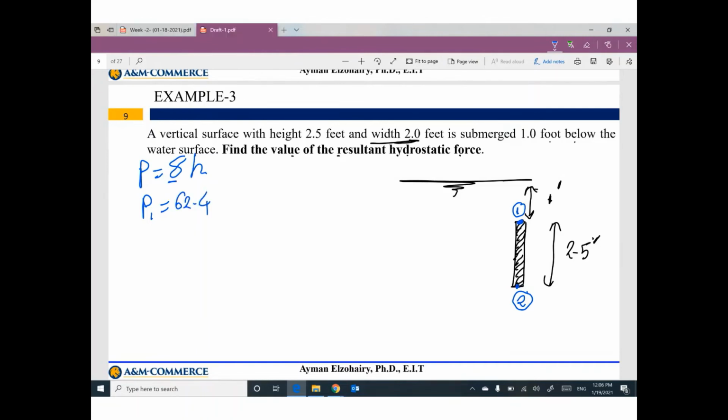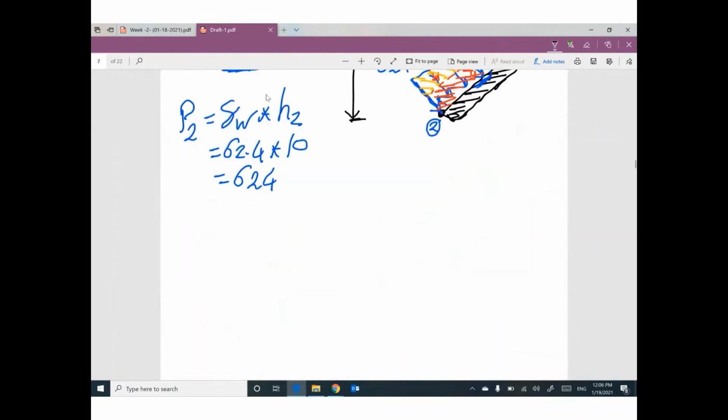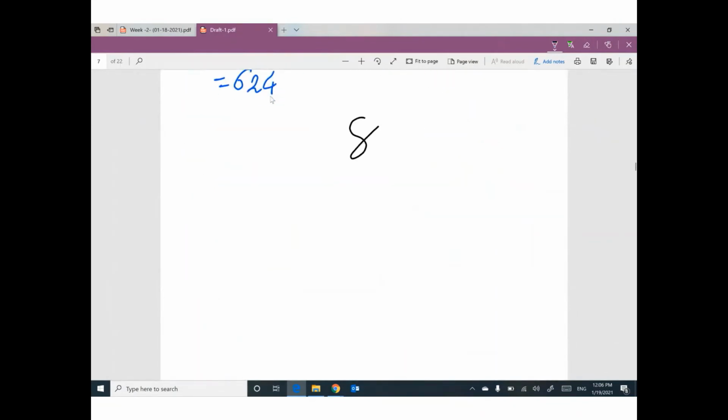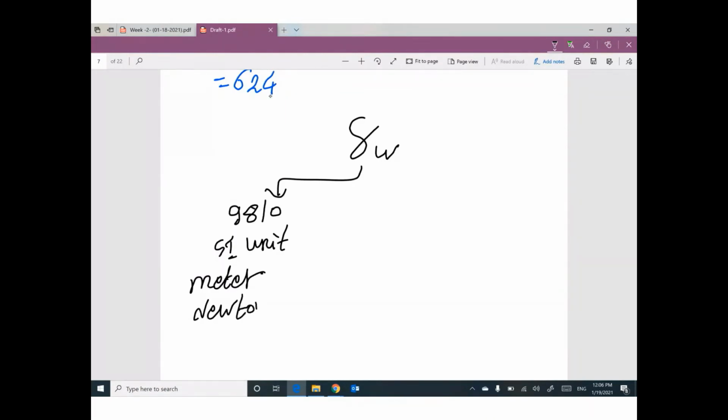Be careful about this point. Gamma water, sometimes we use 9,810 if you are talking about SI units, meters and Newtons, because it is 9,810 Newton per cubic meter.